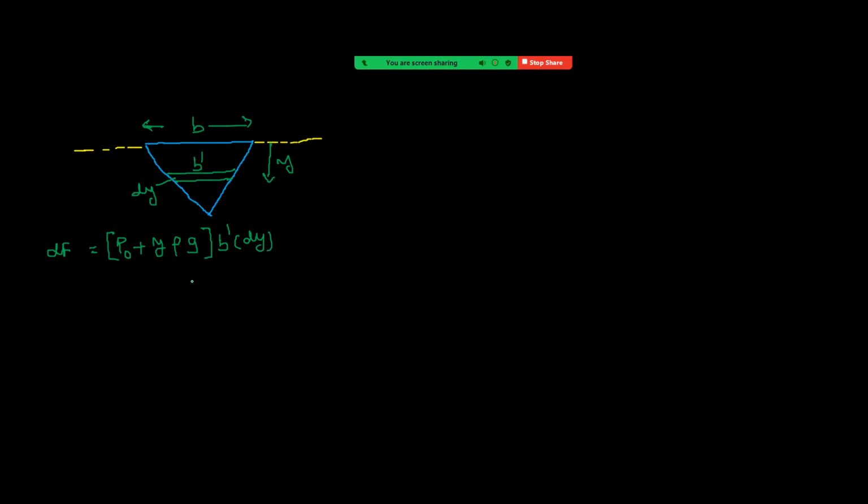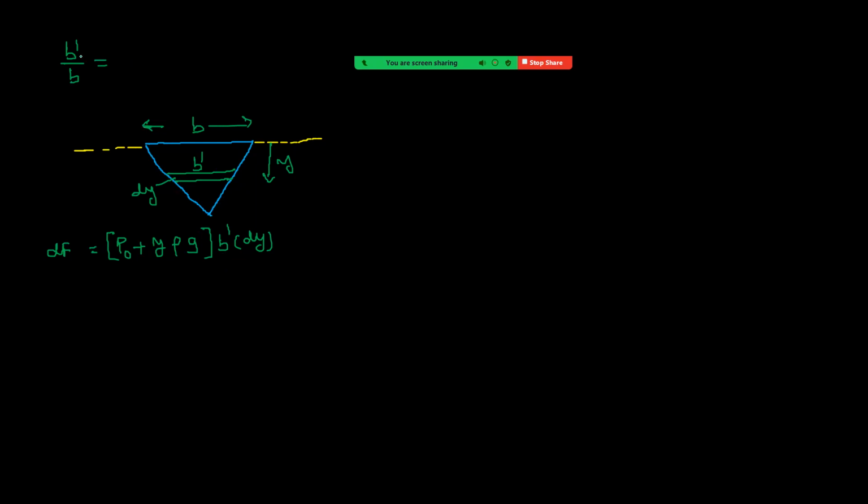Okay, let us see how to get the value of b dash. So coming to b dash, here you can take similar triangles. This is one triangle, the bigger one, and this is the smaller one. So in that we can write b dash upon b, I am taking here similar triangles, bigger one and smaller one.